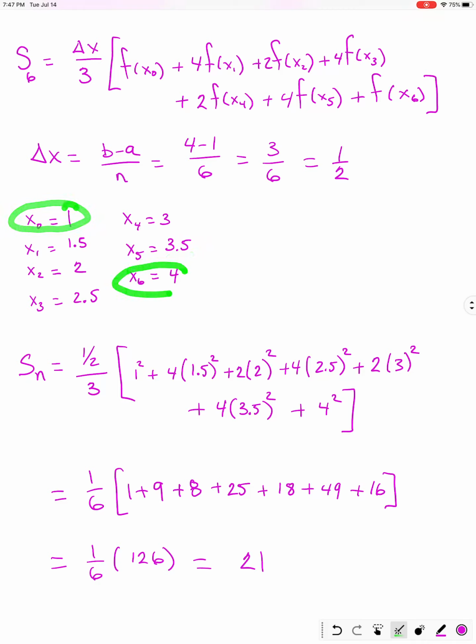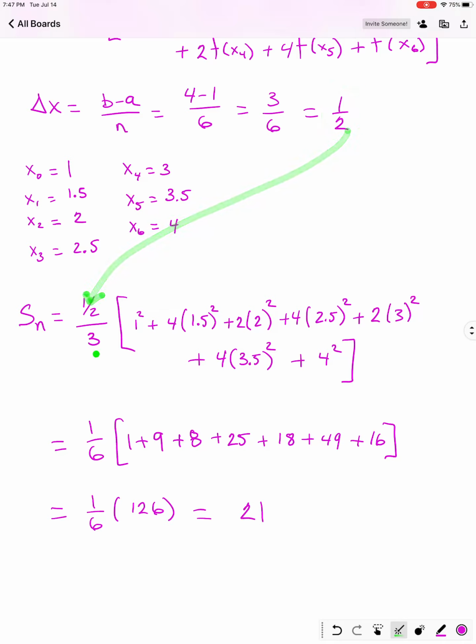So 1/2 is my delta x. I divide it by 3 from the formula, and then I multiply by the first initial value put into the function, so 1 squared. Then I did the last one, so 4 squared, and then I do all the ones in the middle.